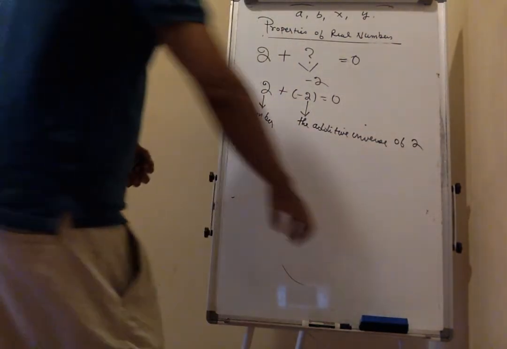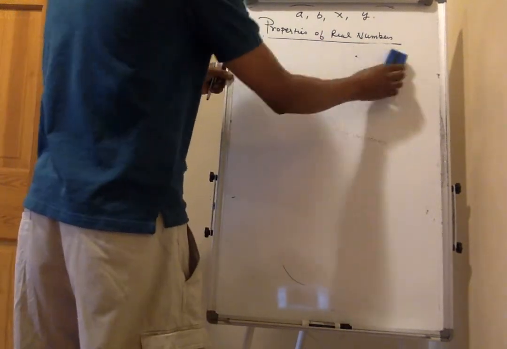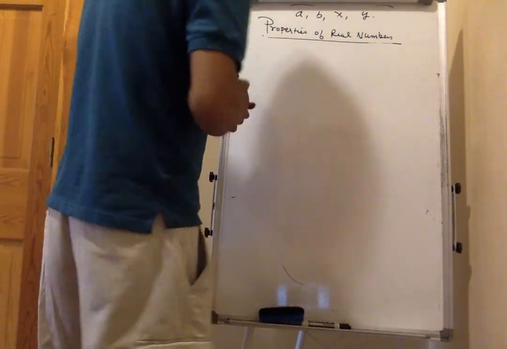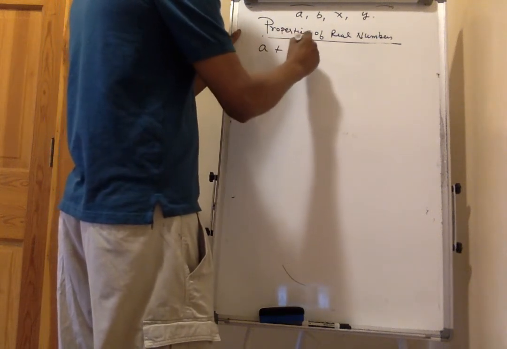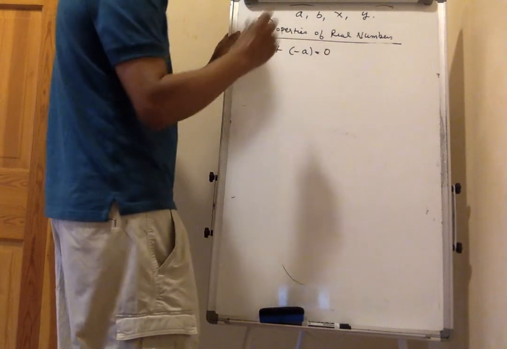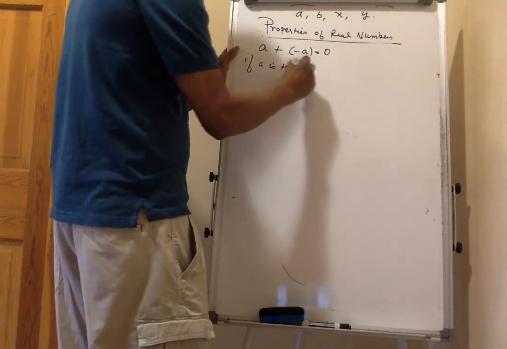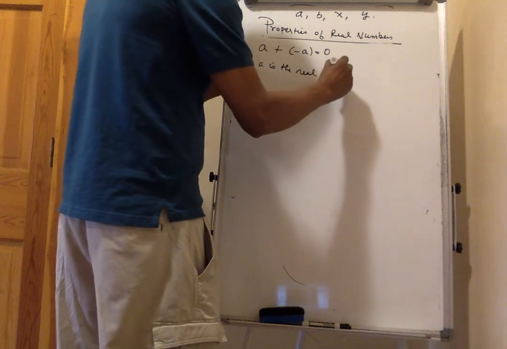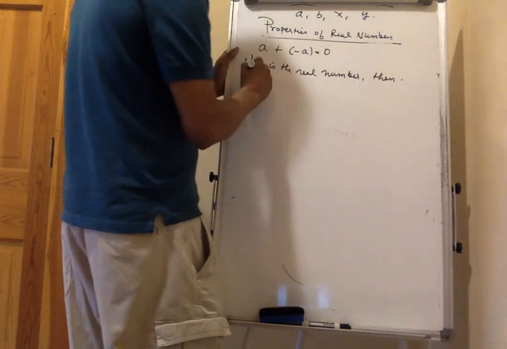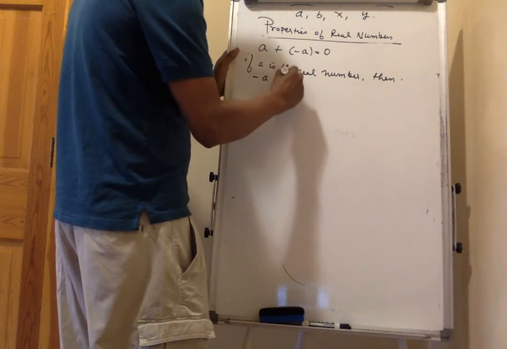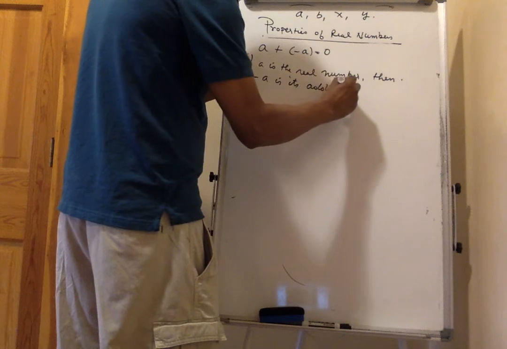Okay, so let's just define this. A plus negative a is 0. That means if a is a real number, then negative a is its additive inverse.